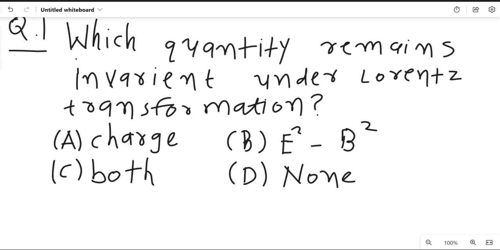In this video we again solve some MCQs of BARC. The first MCQ is: which quantity remains invariant under Lorentz transformation? Invariant means do not change.